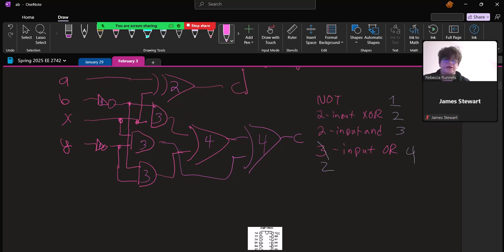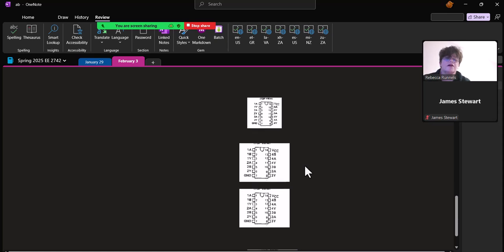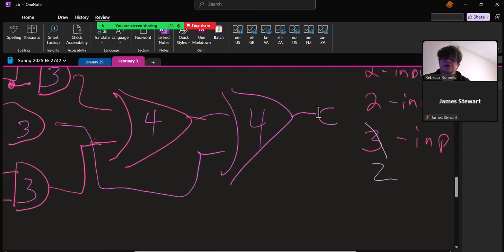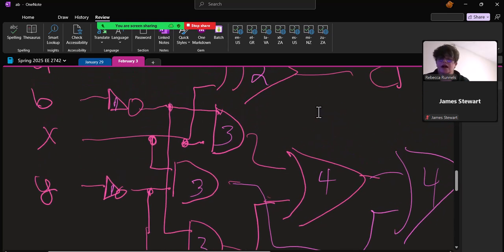Now, if you look at the data sheet for the NOT, you'll see that your input is A and your output is Y. So if I have something going into 1A, then the NOT of that comes out at 1Y. And those are pins 1 and 2, and then pins 3 and 4 are 2A and 2Y. So for my NOT gates, I will put this at 1A, which was pin 1, and this is 1Y, which was pin 2.